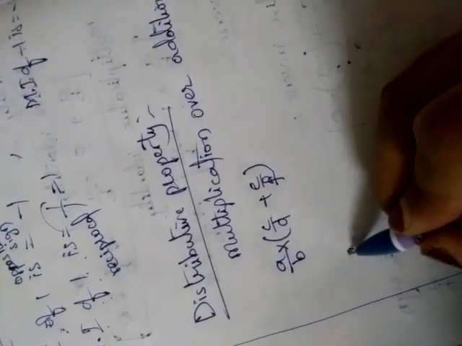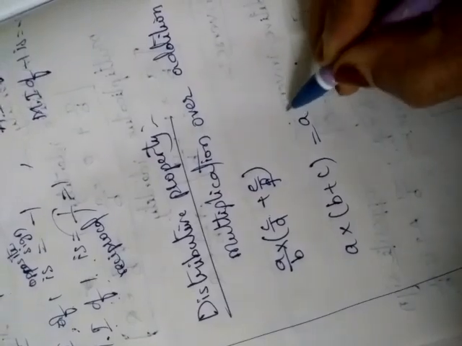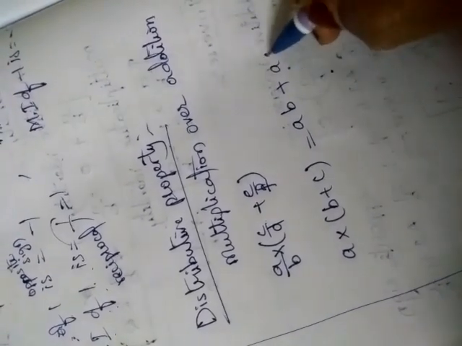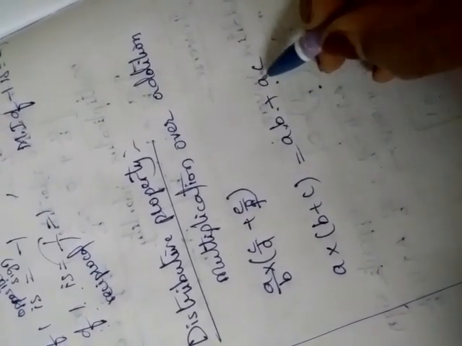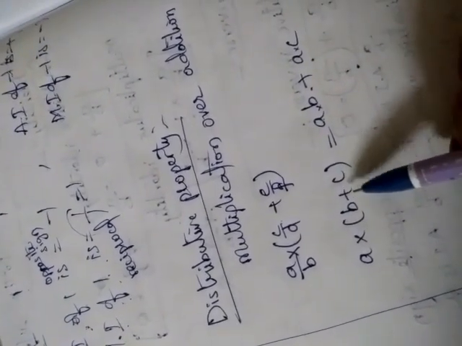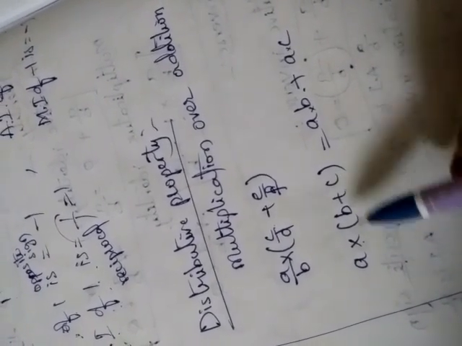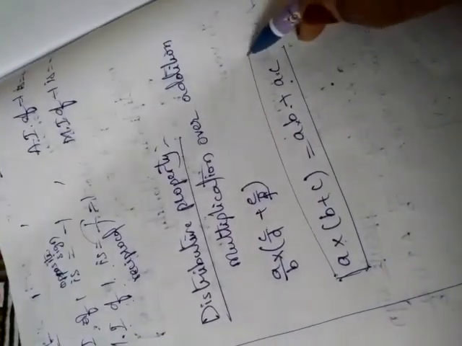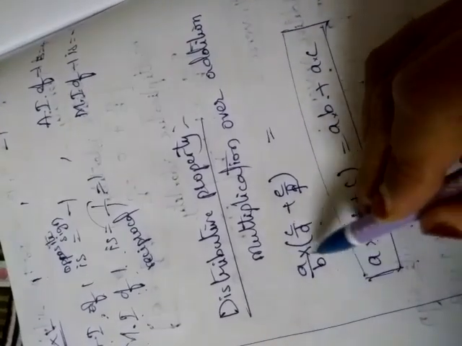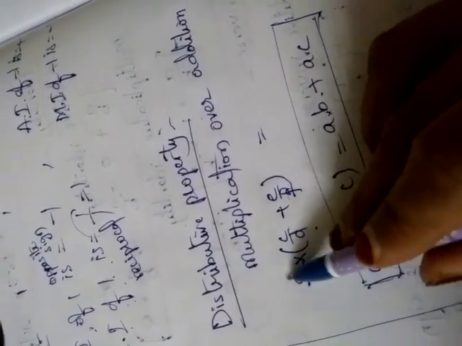In the previous class we studied a into b plus c equals a into b plus a into c. If no symbol is there, it means multiplication only. Multiplication over addition: multiplication is there and addition, distributed, so the distributive property. Here we replace with rational numbers only. The outside number that is multiplied goes to both numbers inside the bracket.